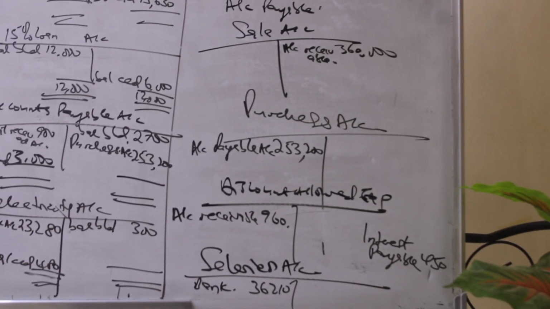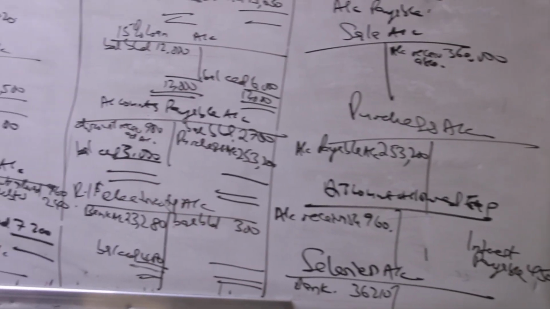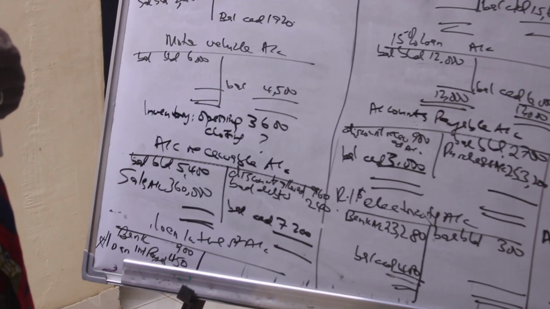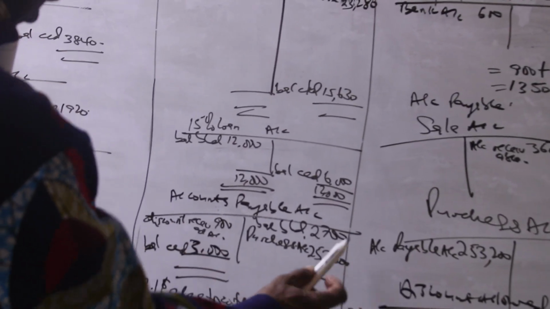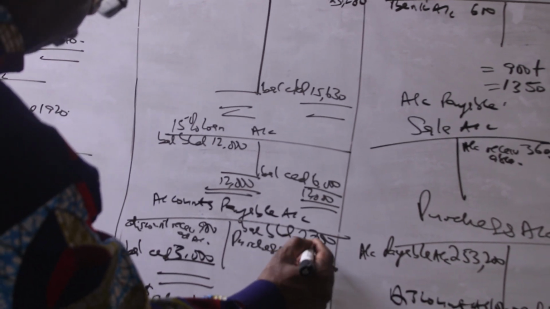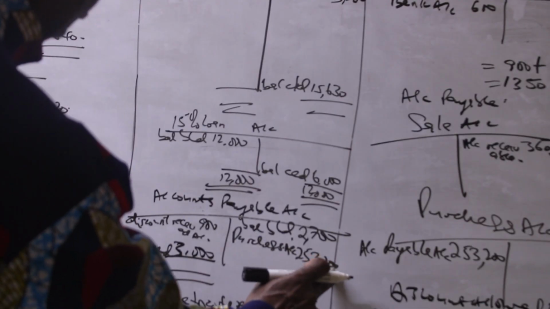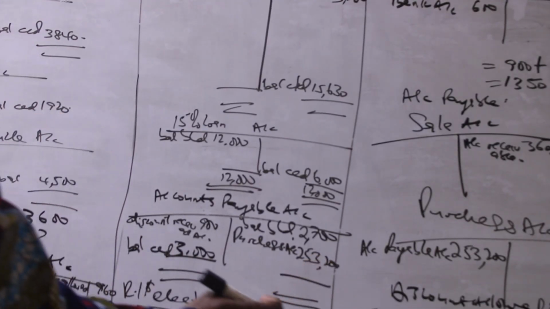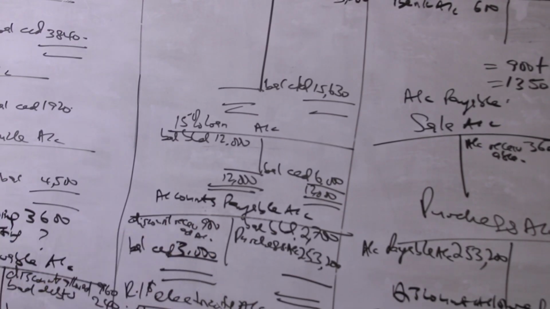You need to ask yourself, how much accounts payable did we pay, and how much did we receive from accounts receivable? So now, we are told about the accounts payable. At the beginning of the year, we had a liability of 2,700. We purchased on credit 253,200, and we were given a discount of 900, and the balance is 3,000.